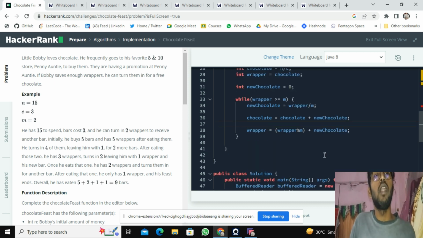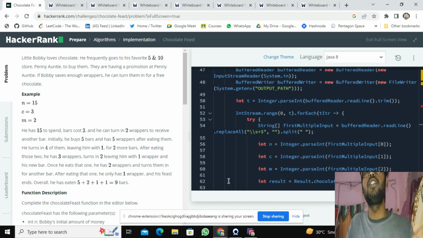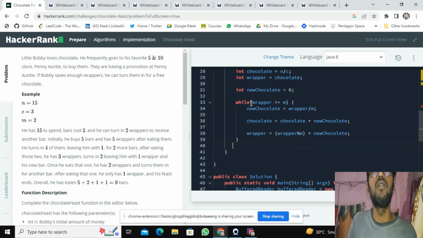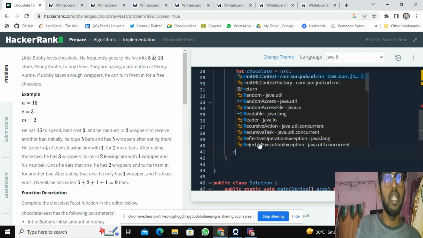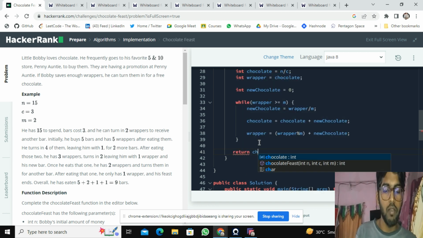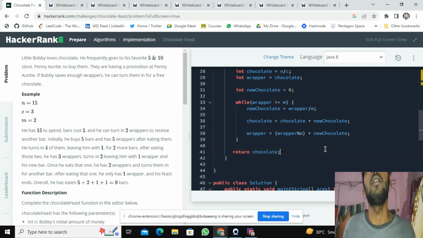Okay, so now what do I have to return? I have to return the number of chocolates I get from these conditions. So at the end, after this while loop, I'll simply return the chocolates I have in my account.